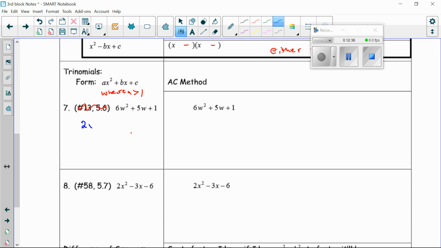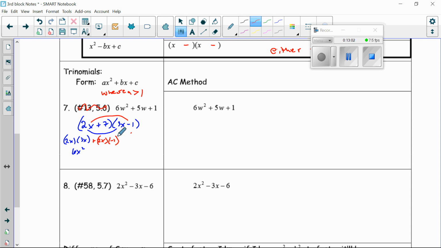If you have 2x plus 7 and 3x minus 1, then these two numbers here, that 2x times 3x, are what result in that 6x squared at the front of your trinomial here. And then we have 2x minus 1, so plus 2x times negative 1.